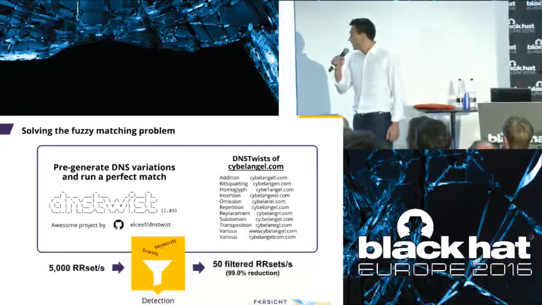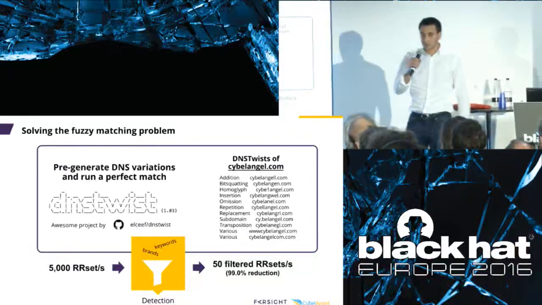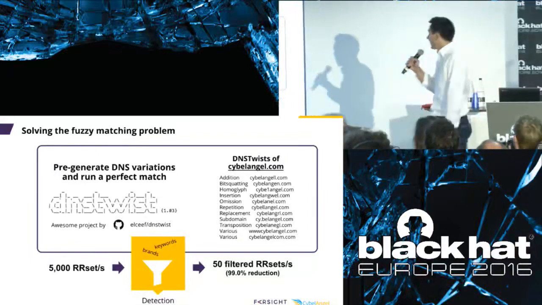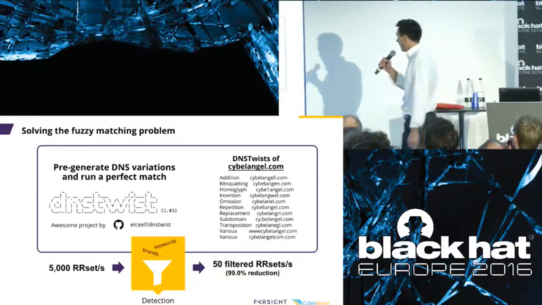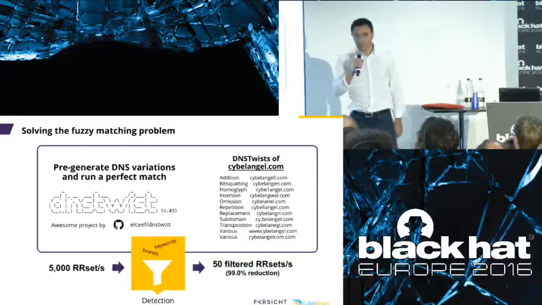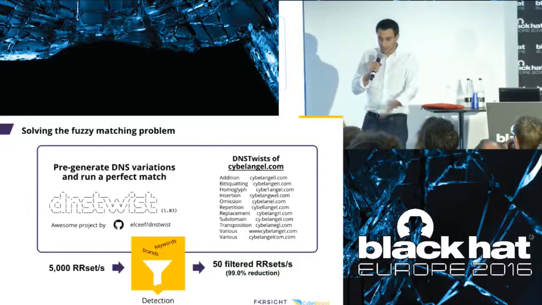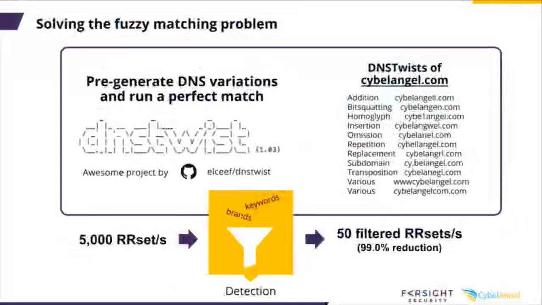It's DNS Twist, a great open source project. You can find it on GitHub. If you don't know it already, you give it a domain name like cyberangel.com, and it computes all the variations that are commonly used by the bad guys to drive traffic to their version of your website.